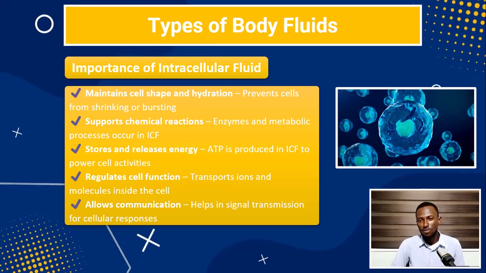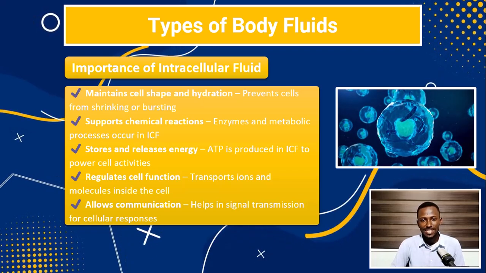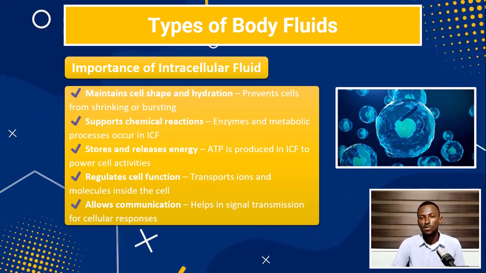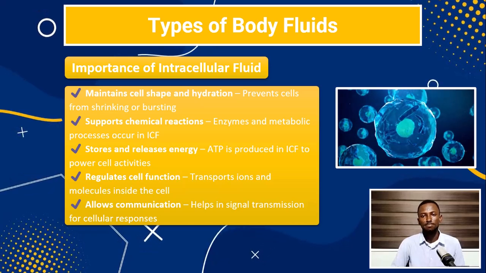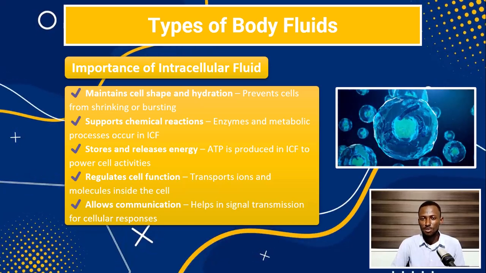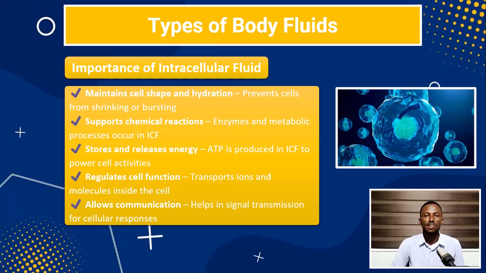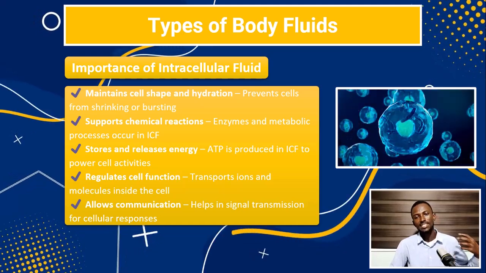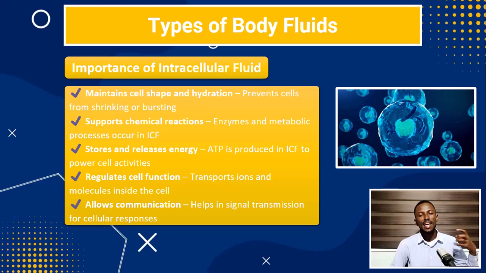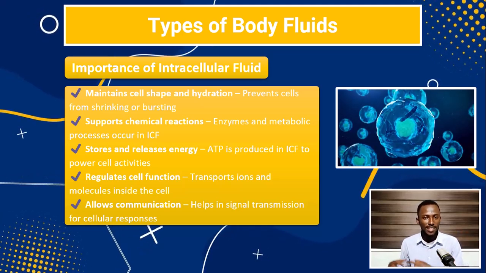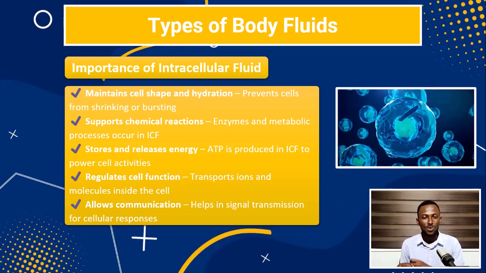The mitochondria of cells produce energy in the form of adenosine triphosphate or ATP. When the mitochondria produce ATP, it is stored in intracellular fluids and then released when the body needs it. So important.